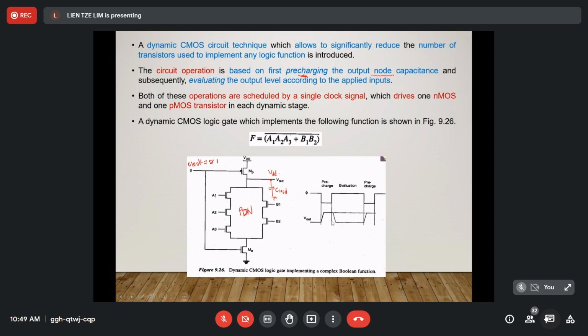So here I already show the diagram, the processes and operations of this circuit. When the clock changes from 1 to 0 or 0 to 1, this is the clock signal, low and high and low and high. And of course, when there is a change in the clock, the output voltage will also change. So this is the voltage level at the output at different phases.